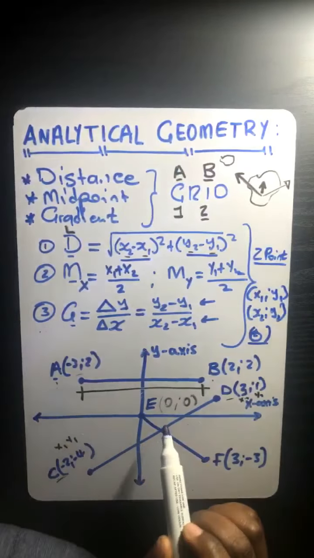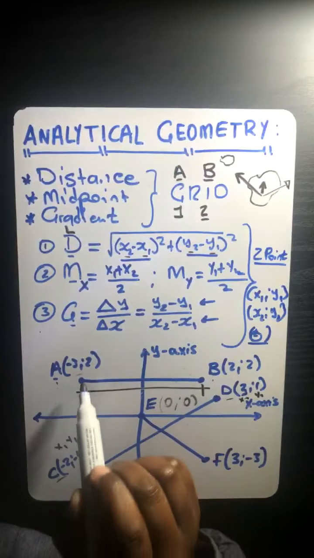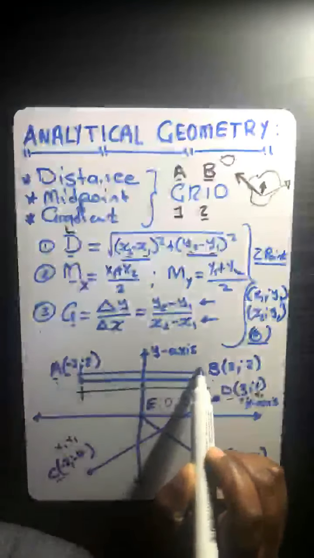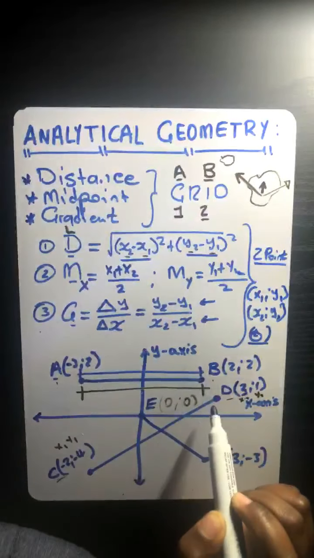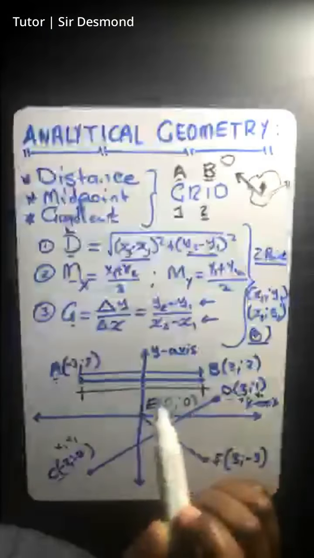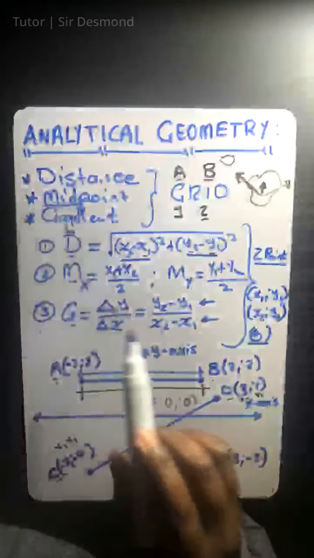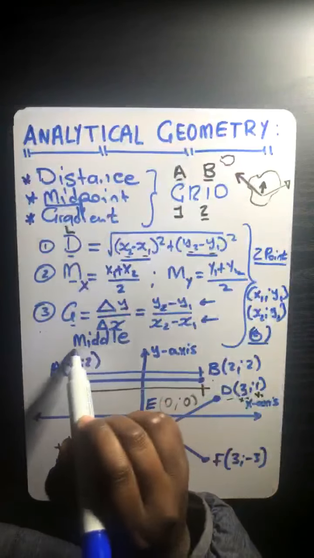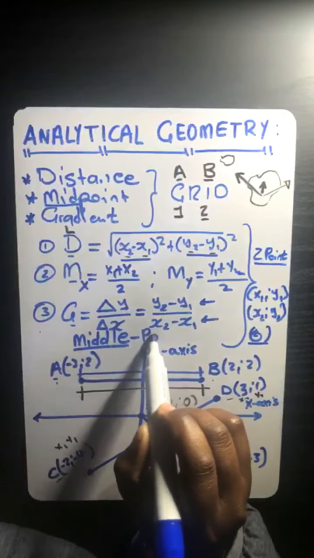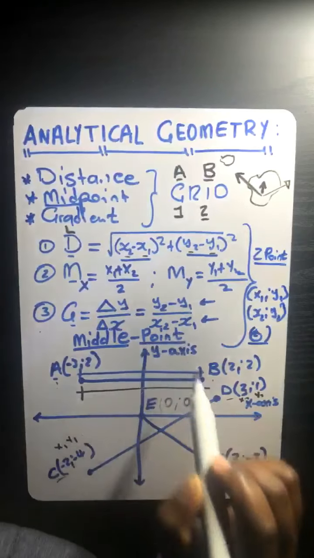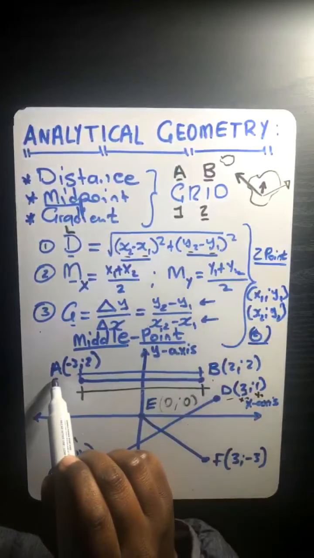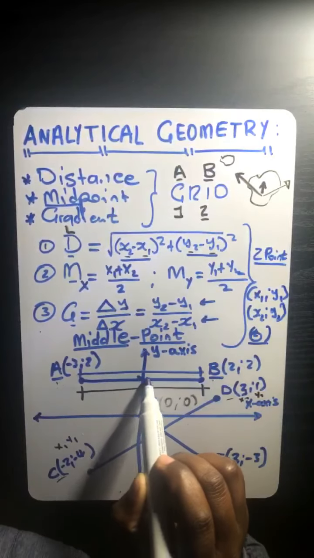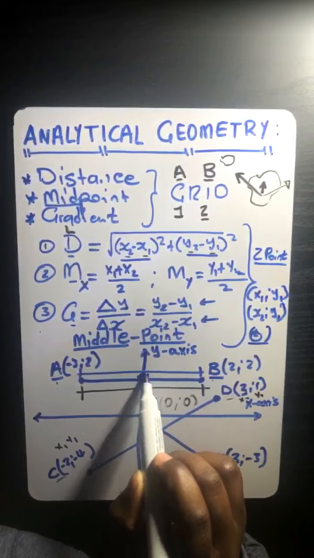So now, as I've explained, the distance tells us the length from that point to that point. And then the midpoint, ladies and gentlemen, in full, is actually the middle. So it's more like we want to know the point in the middle of the 2 points. So when we say the midpoint of A and B, then you can make an assumption that possibly it could be that point over there.